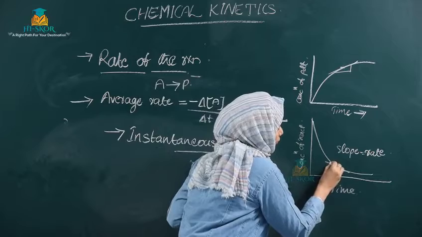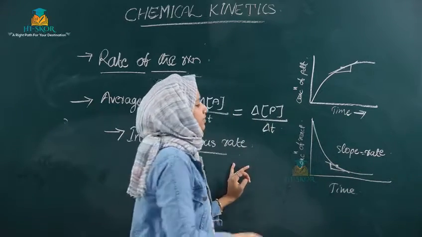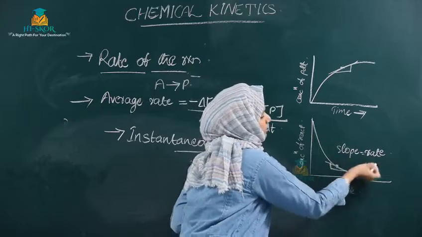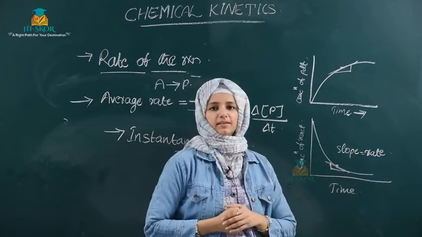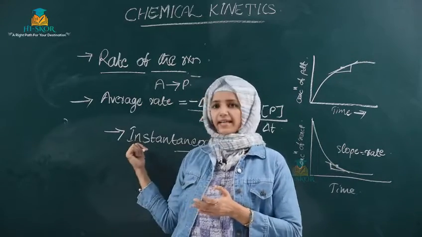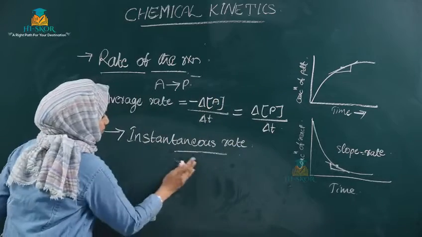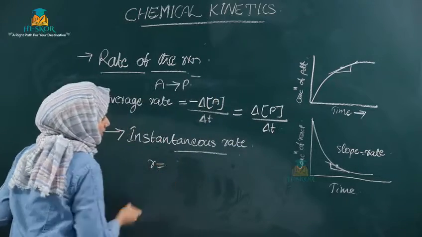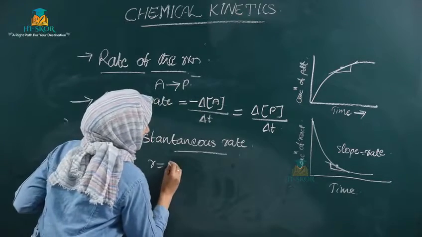Then you find out the slope of the line. Then that slope will give you the rate of the reaction at that particular point. This is the way you have to calculate the instantaneous rate. Or mathematically you can represent it like this, for a reaction A gives product, minus dA by dt.